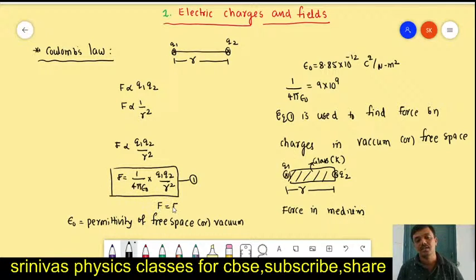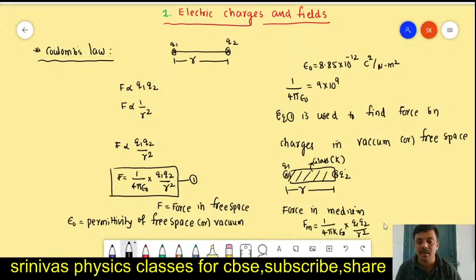F is the force in free space, meaning the two charges are in vacuum or free space, and that is the formula. If the two charges are placed in a medium, the force in medium formula is 1 by 4 pi k epsilon naught into q1 q2 by r square. It is the same formula with an extra k, where k is called the dielectric constant.